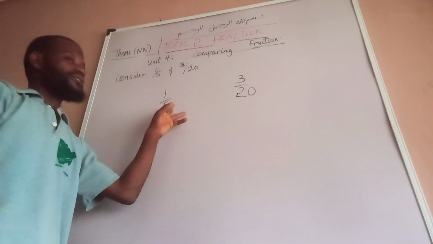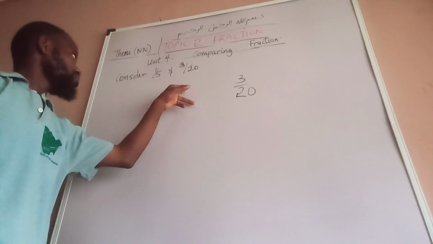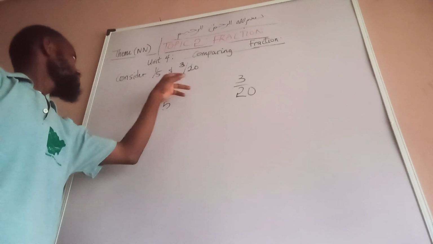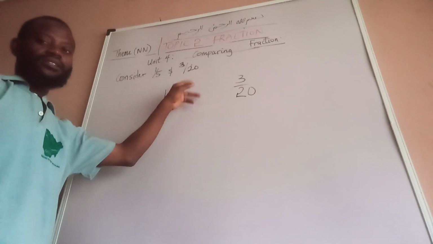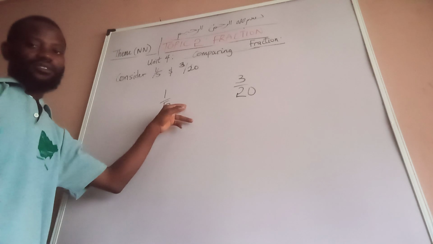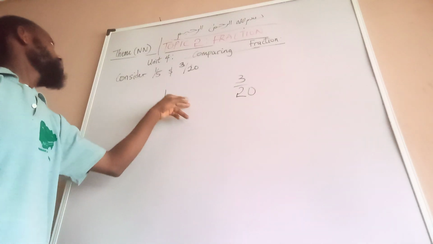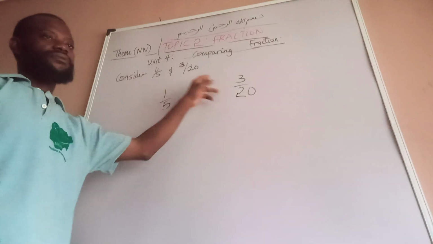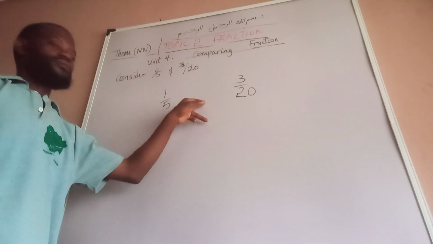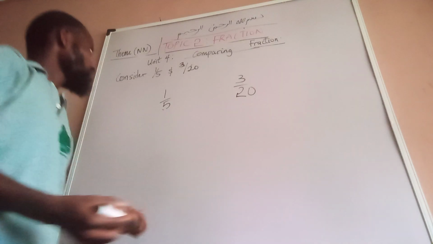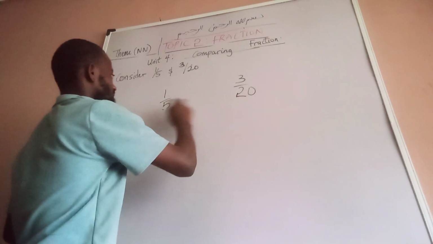The equivalent of 1 over 5 can be 1 times 2, 2, over 5 times 2, 10, that is 2 over 10. Or 1 times 3, 3, 3 times 5, 15, which is 3 over 15. Or 1 times 4, 4, 5 times 4, 20, 4 over 20.